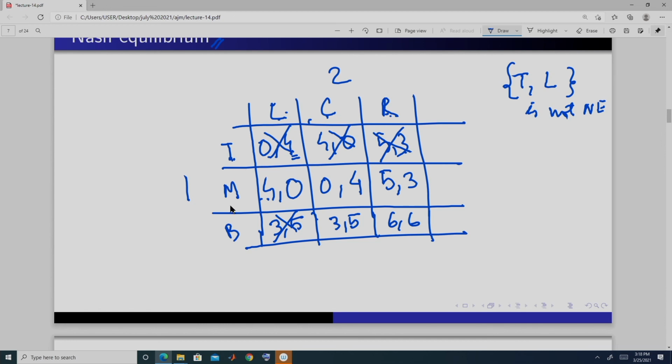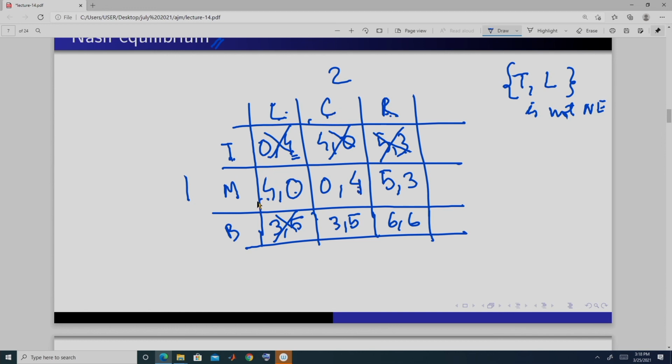Now, suppose player 1 chooses M. Then for player 2, the best response is the action that gives player 2 the maximum payoff. It is 0, 4, 3. Out of this, it will always choose C, because 4 is the highest.